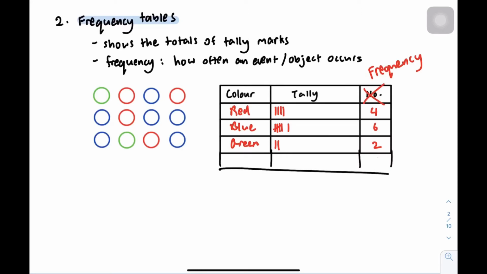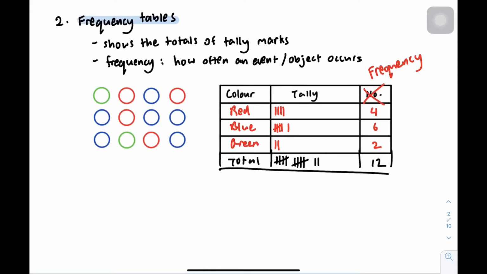What we're writing is the word total. Total, the tally marks, you can draw the total, sure, no problem. 1, 2, 3, 4, 5, 6, 7, 8, 9, 10, 11, 12. And then here you write 12. So that is a key point that you have to remember.